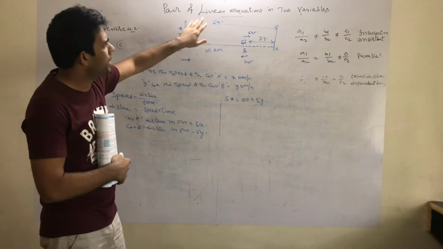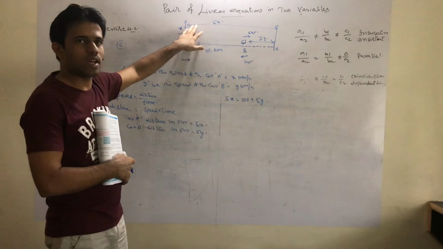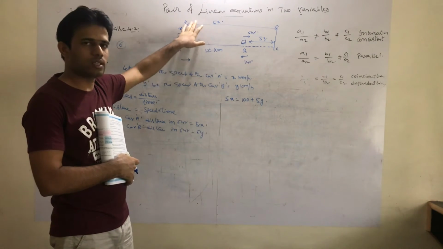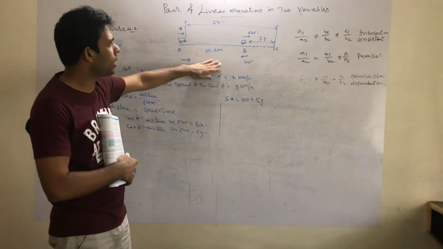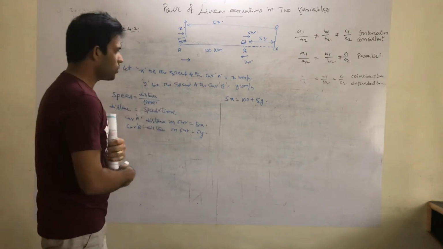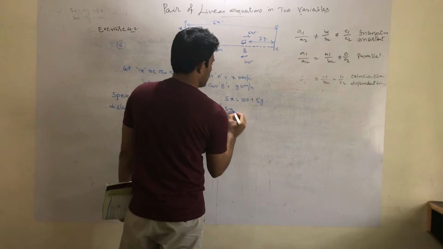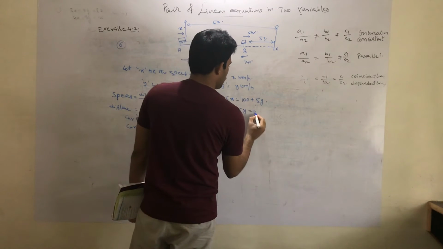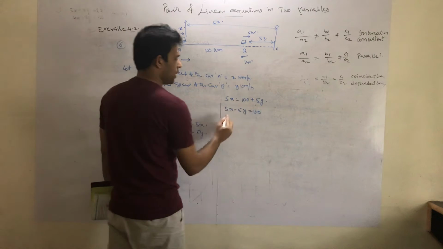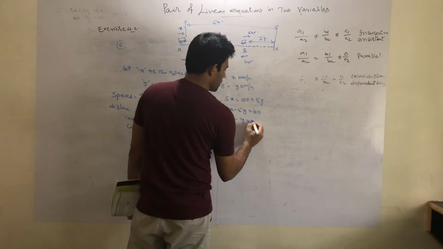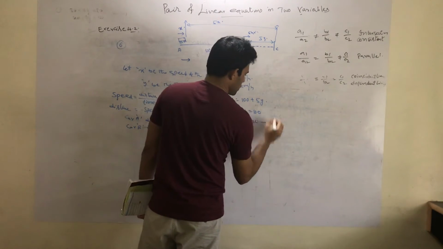So the total distance 5x must equal 100 plus 5y. That's your first equation. If you simplify this, 5x minus 5y equals 100, or you cancel it with 5, then x minus y becomes 20. So that is your equation 1.